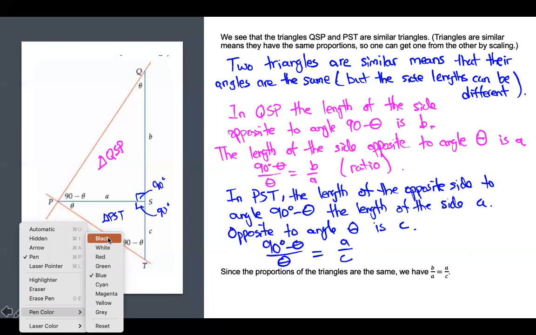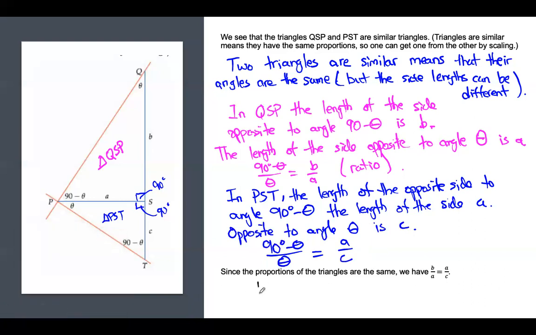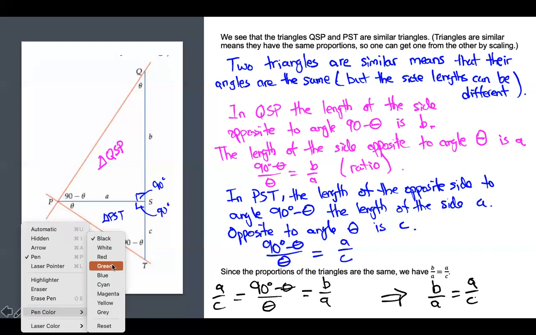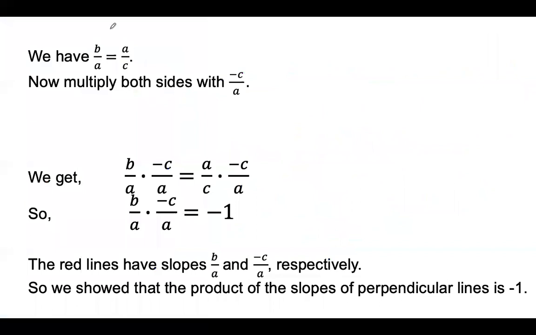So I can write a little statement here. So we see that 90 minus theta over theta is equal to, the first one is equal to B over A. But 90 minus theta divided by theta, that's also equal to A over C. So this implies B over A equals A over C. So we have B over A equals A over C. So we can multiply like both sides by negative C over A. The left and the right side.